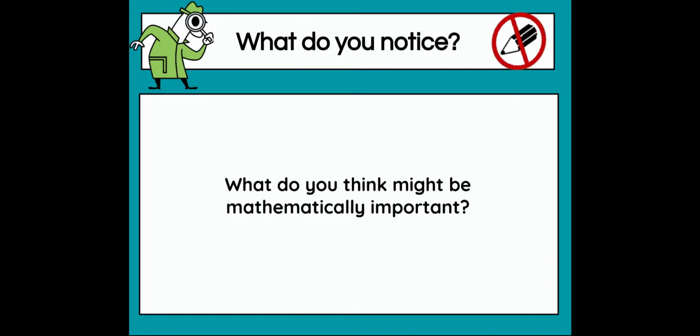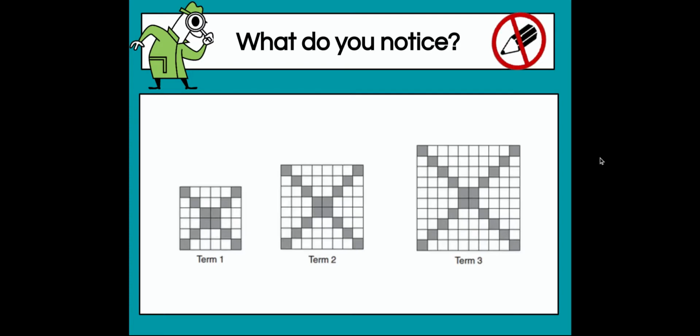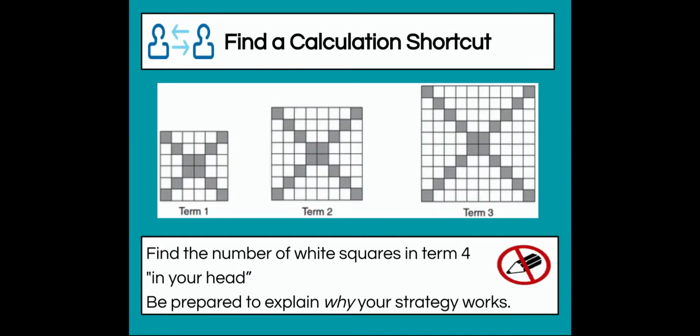What do you notice? When I show you the next picture, what do you think might be mathematically important? What do you notice? Now what I want you to do is find a calculation shortcut.